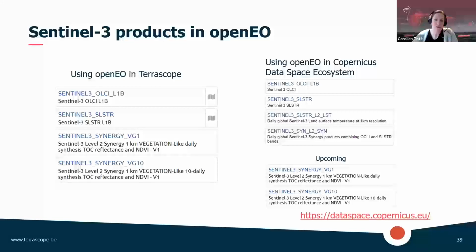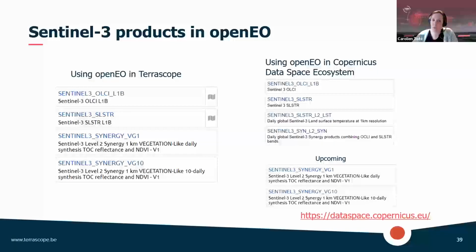What are the Sentinel-3 products on OpenEO? On Terrascope, connecting OpenEO to Terrascope, you have the ALSI level 1B and the SLSTR level 1Bs, and the SYN VGT-S1 and S10, daily and 10-daily composite products.